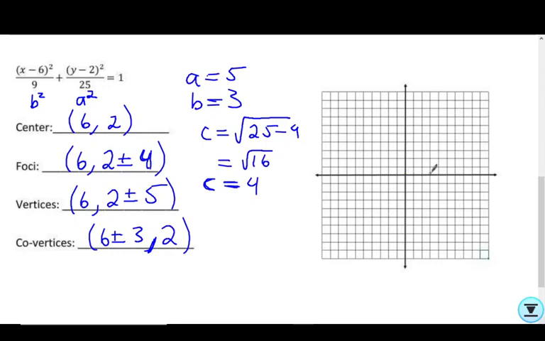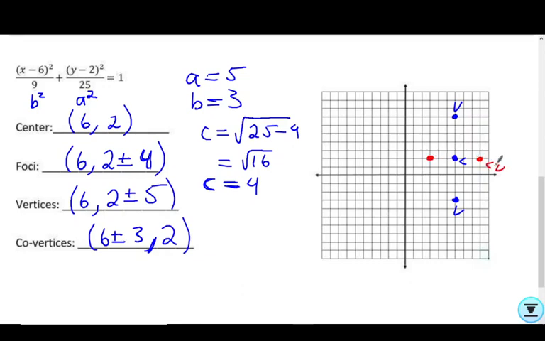1, 2, 3, 4, 5, 6, 1, 2. There's the center. Now my vertices are up 5. 1, 2, 3, 4, 5 here. Down 5. 1, 2, 3, 4, 5 there. So those are my vertices. That's my center. My co-vertices are 1, 2, 3. 1, 2, 3.